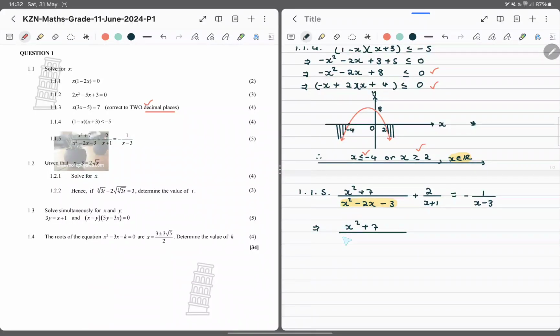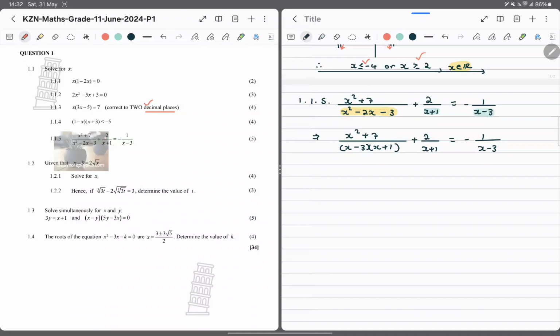When we factorize here, we're going to get x minus 3 into x plus 1. In fact, the examiners already gave us a clue with these factors right here. So a student who's well aware would see that these are actually factors of this parabola. So this is plus 2 over x plus 1 equals minus 1 over x minus 3.